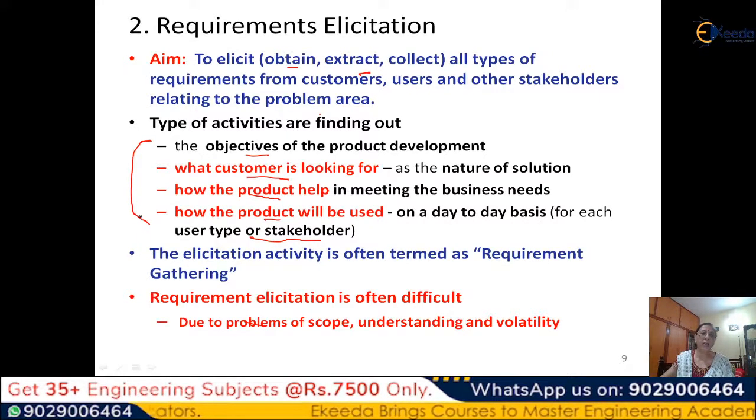So we have to go into detail with each person and get this information. And that is why it is often called the requirement gathering activity, because we are trying to collect things. And sometimes it becomes very difficult because of problem scope, understanding, and volatility. So let's look at what these problems are.